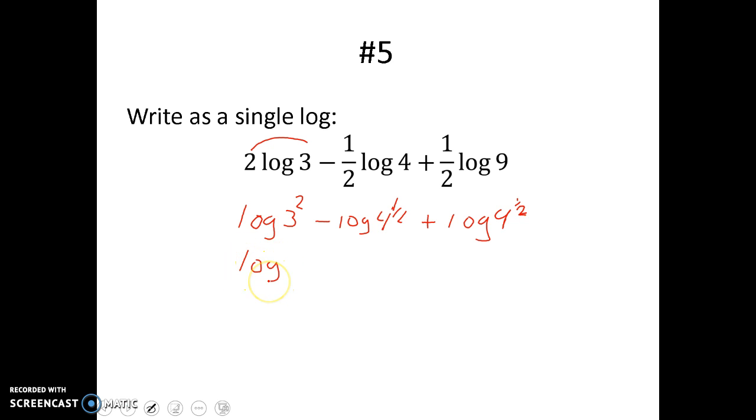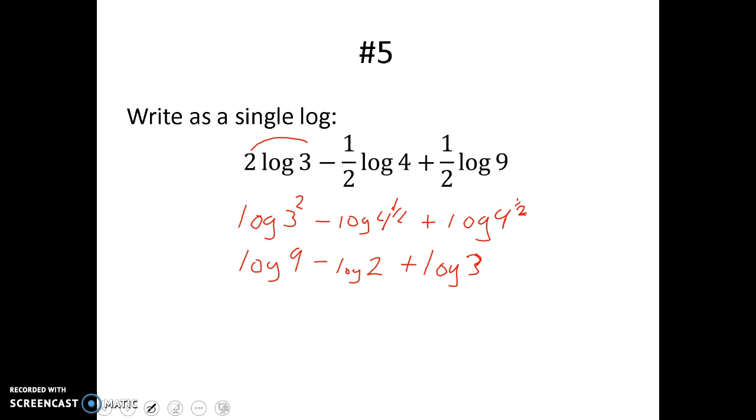The first one, the log of 3 squared, well, that's the same thing as the log of 9, because 3 squared is 9. Minus the log of 4 to the 1/2 power, that's the square root of 4, which is 2. Then plus the log of 9 to the 1/2 power, that's the square root of 9, which is 3.